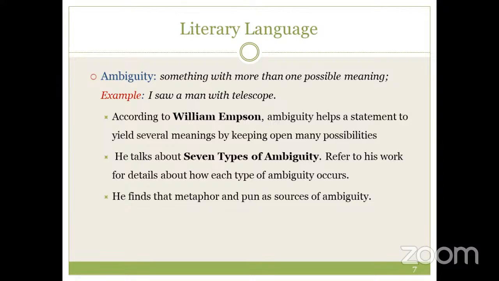I saw a man with a telescope. When you read also, if you break the flow, that also defines what means what. For example, if I read it one way, it means the first example: there is a person who is carrying a telescope, and I saw him.